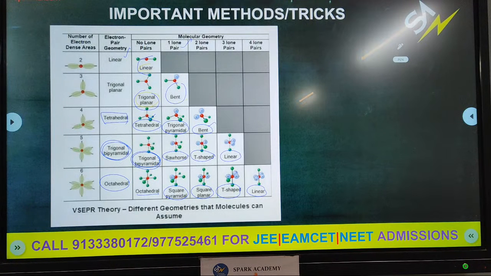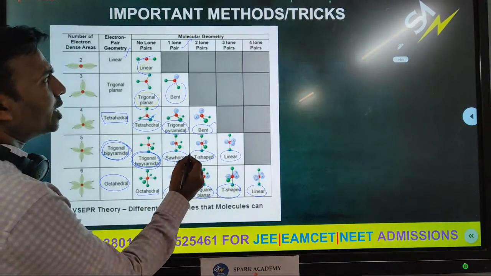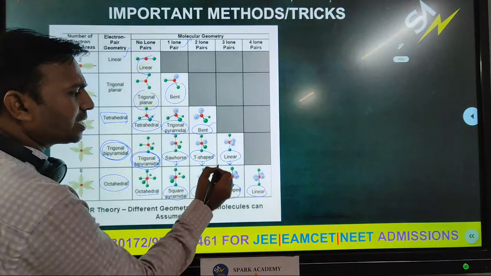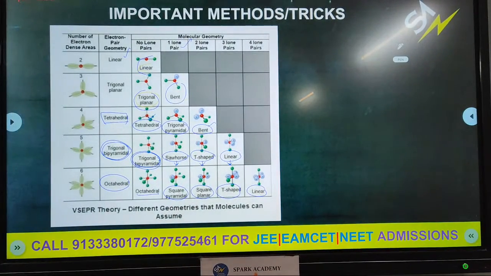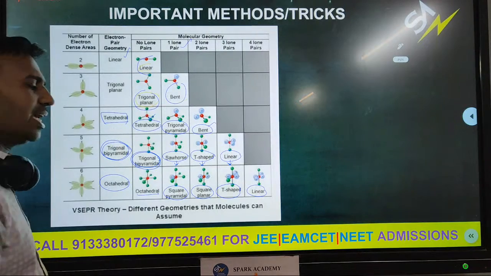Due to one lone pair it becomes seesaw, due to two lone pairs T-shaped, and due to three lone pairs the structure is distorted into linear shape. And octahedral: without lone pairs, octahedral; one lone pair, square pyramidal; two lone pairs, square planar; three lone pairs, T-shaped; four lone pairs, linear.